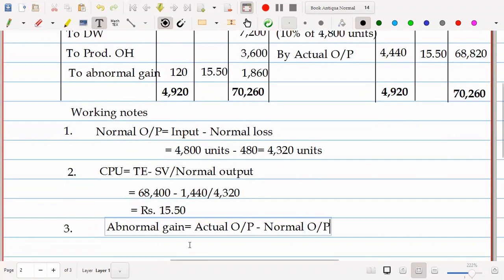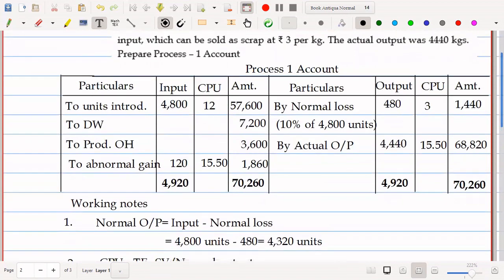What was the actual output given in the problem? Actual output was 4,440 minus what was the normal output which we have calculated, 4,320. It comes to 120 units as we have calculated without applying the formula. So this is how we prepare process account. So it's very easy. Anyone can do this.